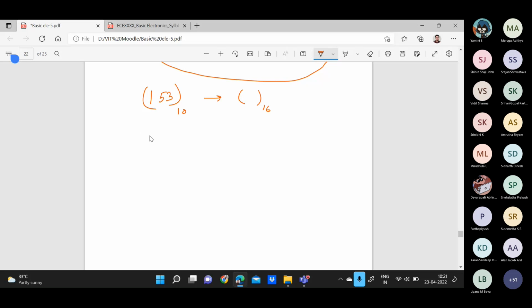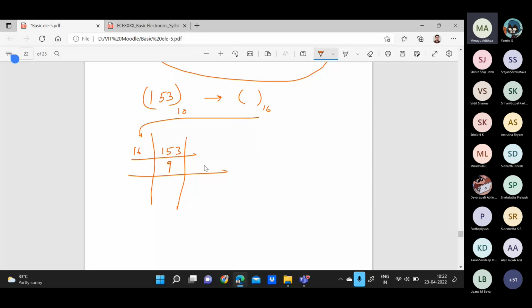Divide, right? So you have to write down 153 here, and the base value you have to write down here, that is 16, right? Now you divide, how many times it will go and what will be the remainder? 9 times and 7.